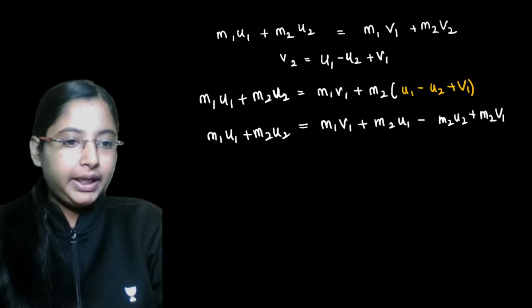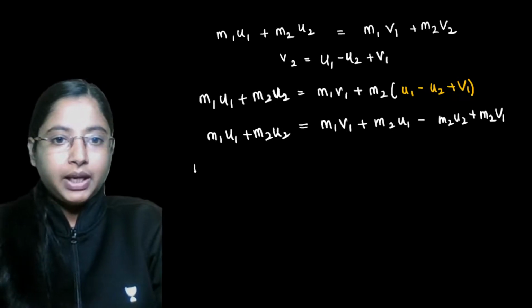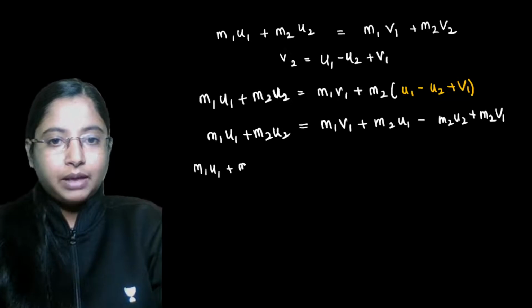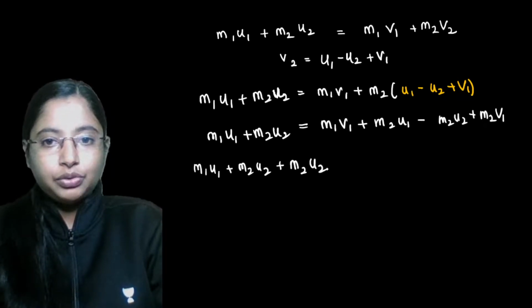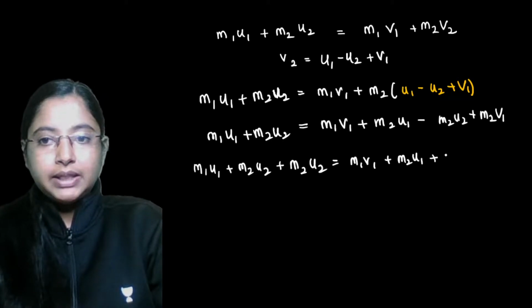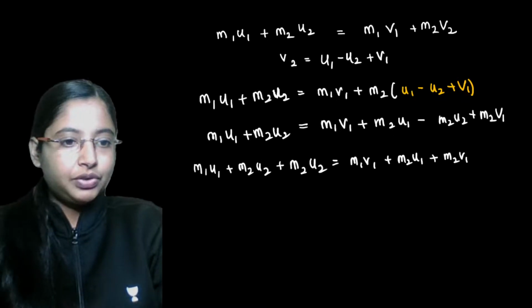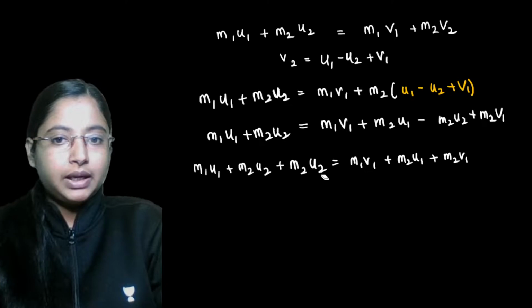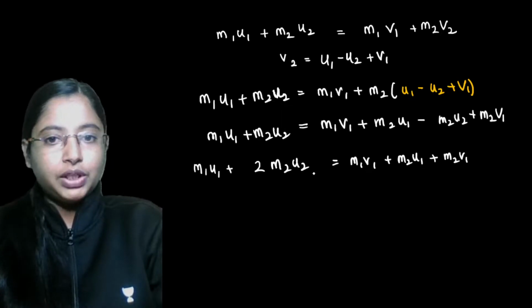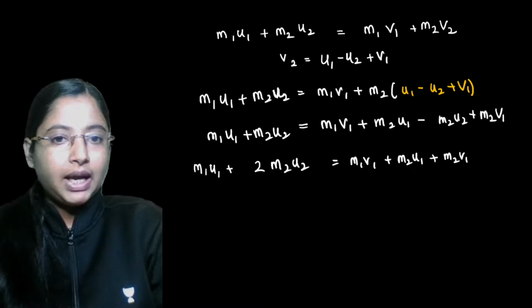We have m1 u1 plus m2 u2, and taking this term to the other side it becomes plus m2 u2, which is equal to m1 v1 plus m2 u1 plus m2 v1, right? So m2 u2 plus m2 u2, you will end up getting 2 m2 u2 over here. Then what we have is m1 u1.